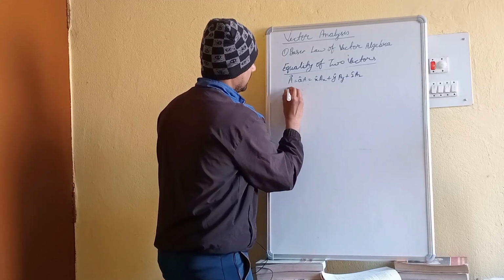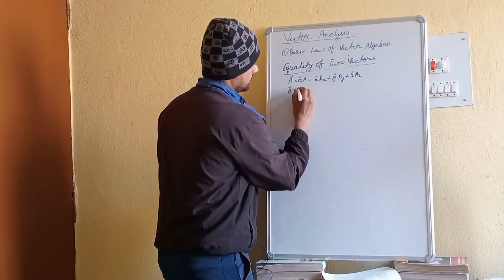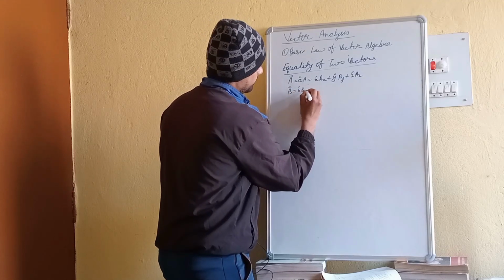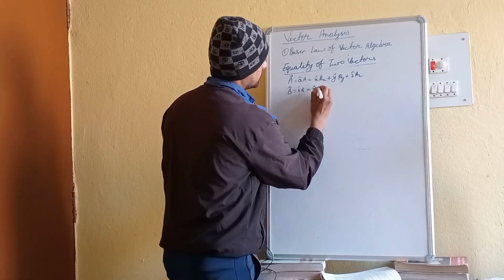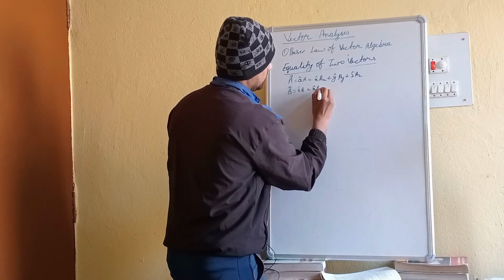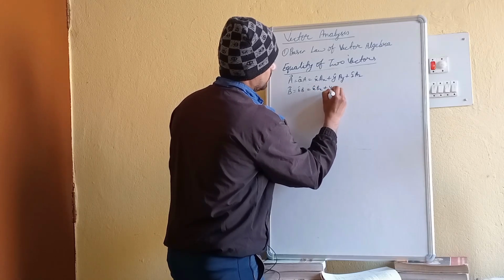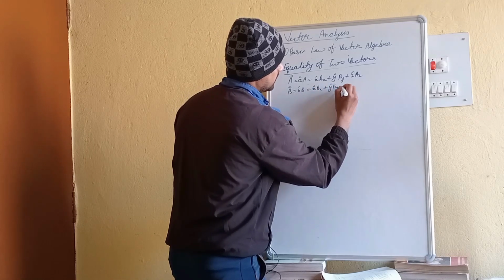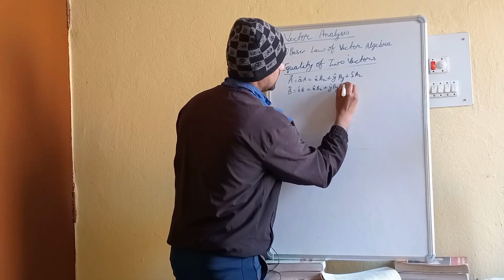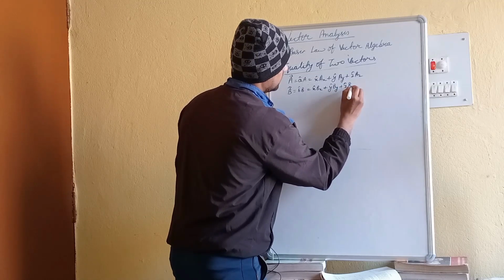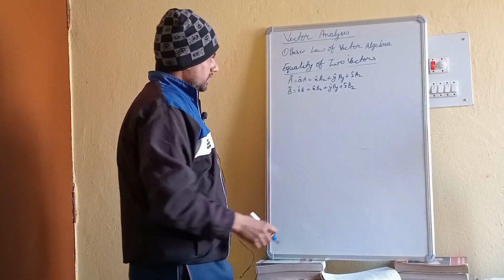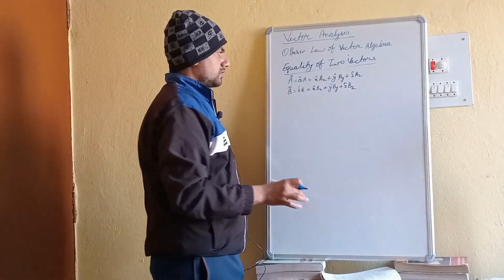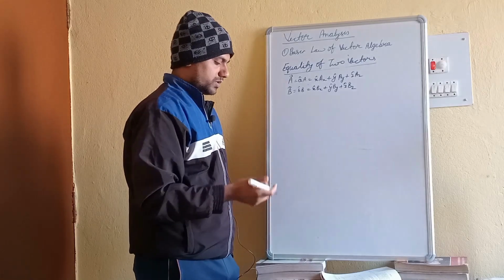In the same way, we have the second vector, and in a similar way we can write it down: x cap bx, then y cap by, and then z cap bz. These two vectors will be equal if the components of these two vectors are equal.